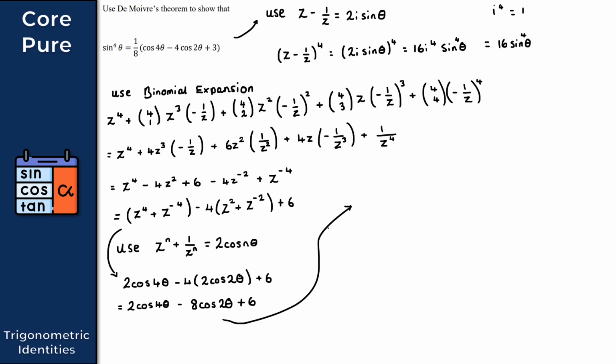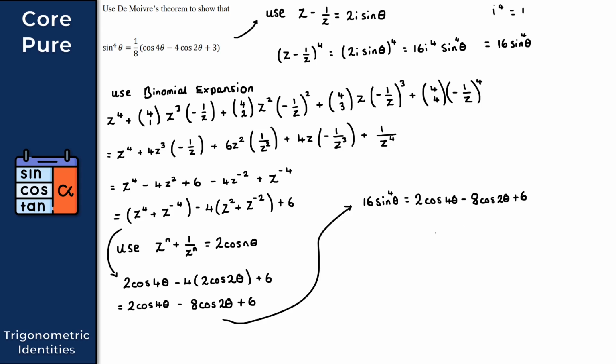What do we have now? Well, what I've got here is 16 sine theta to the 4. And this here is just equal to this, right? So in that case, 16 sine theta to the 4 is equal to 2 cos 4 theta minus 8 cos 2 theta plus 6.